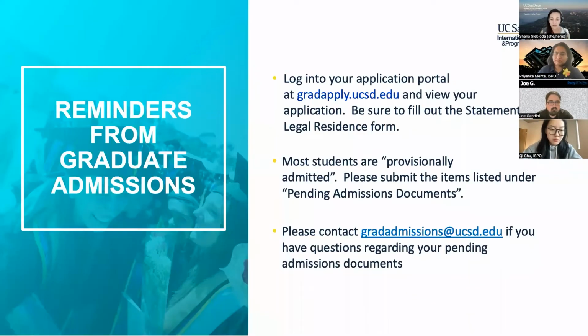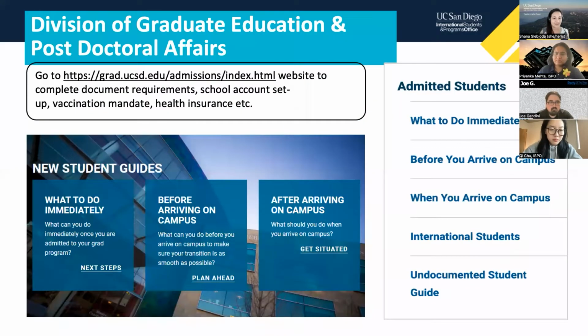I'm going to put a link in the chat to the admitted students section of our website, where you will be able to find all of these checklists. We encourage you to take a look if you haven't already. It's organized in the order in which you need to prepare, and we want you to be aware of all of these requirements.